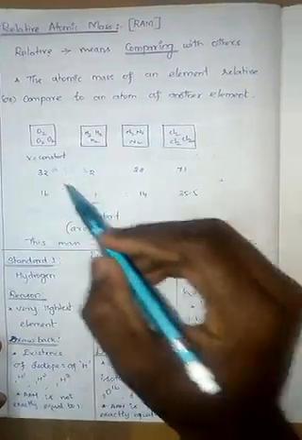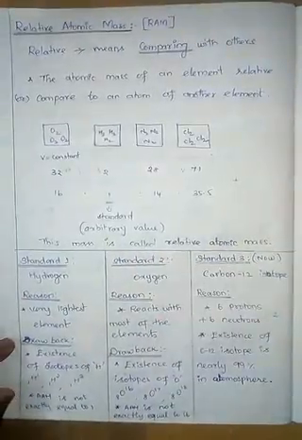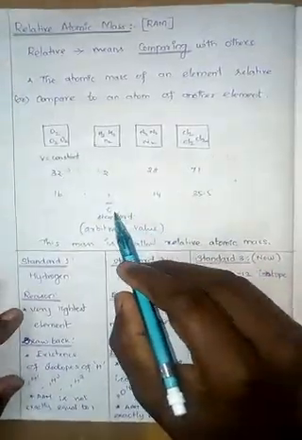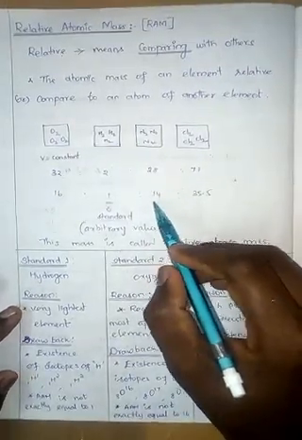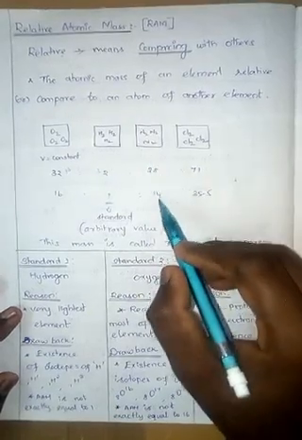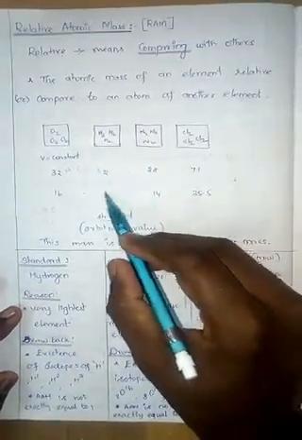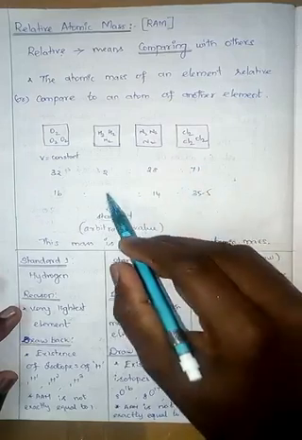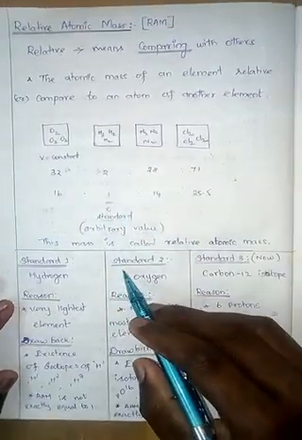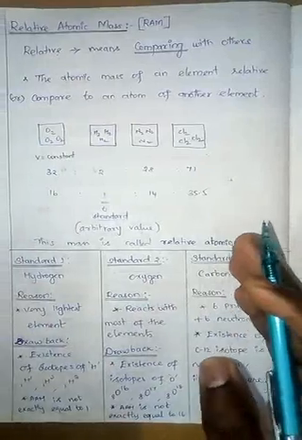So the relative atomic mass of oxygen is 16 on the hydrogen scale. Similarly, come to nitrogen. In this method, we have got the value 14. So nitrogen is 14 times heavier than hydrogen. Similarly, chlorine is 35.5 times heavier than hydrogen. Right? So this is called relative atomic mass.